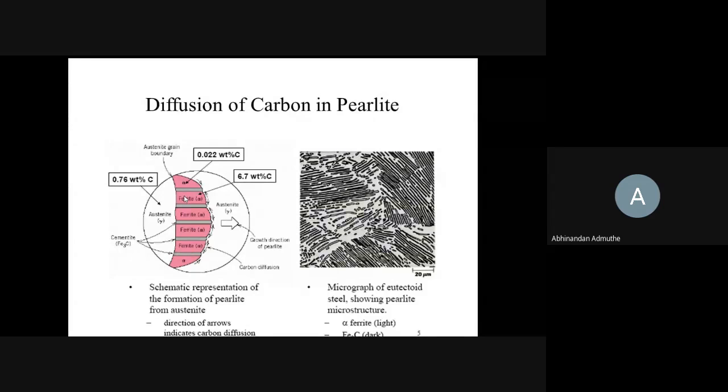Now the adjacent region, close to cementite, is poor in percentage of carbon, because all the carbon has been taken by the cementite.